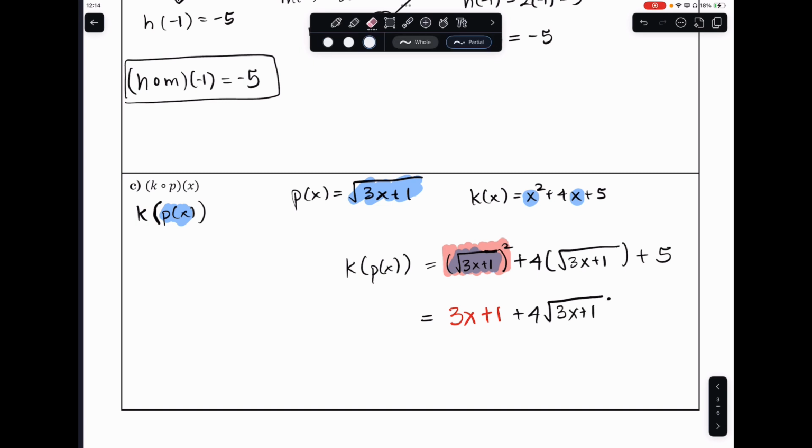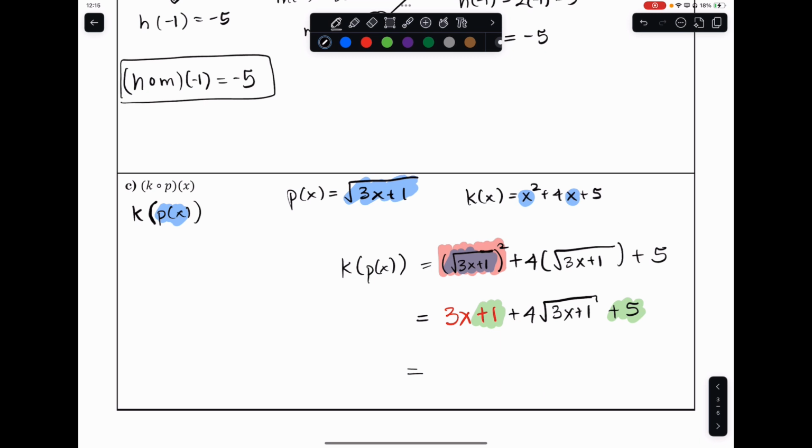You cannot multiply the 4 into the square root of 3x plus 1. In order to indicate that you're multiplying without the parentheses, you write it like this, without the parentheses. This is the same thing as multiplying 4 with that, just without the parentheses. And then, of course, you have the plus 5. Other than simplifying by combining the like terms of plus 1 and plus 5, there's really nothing else that you can do here.